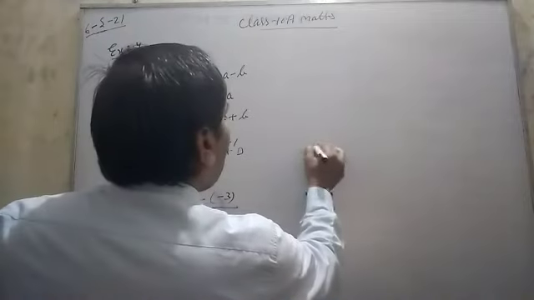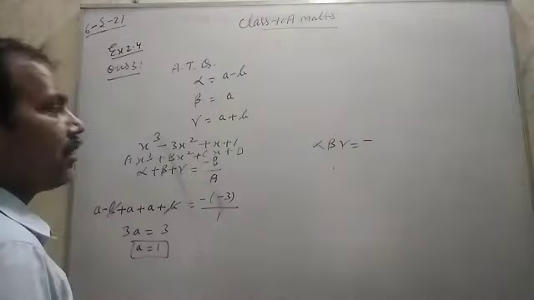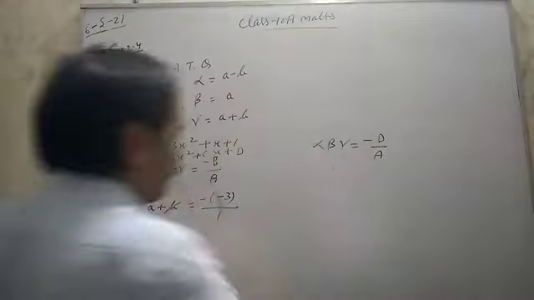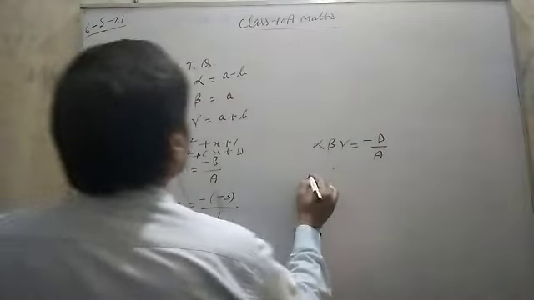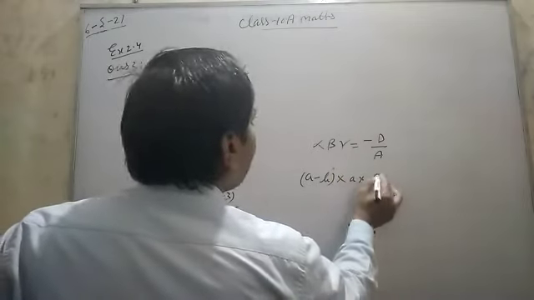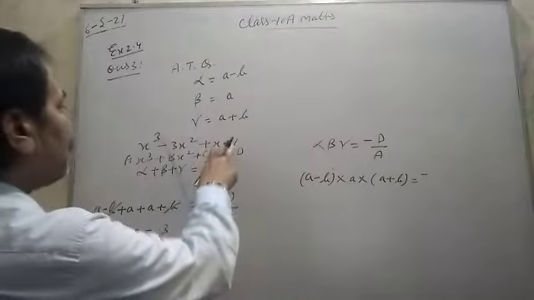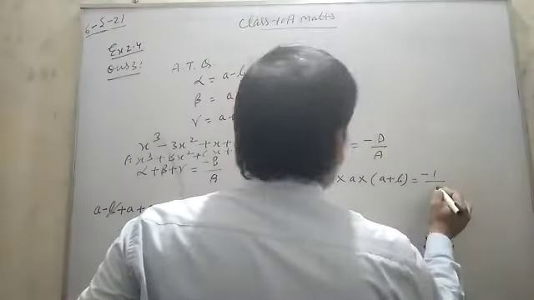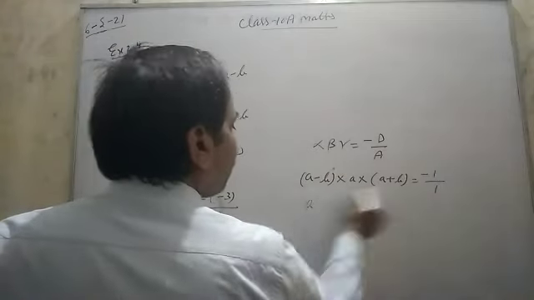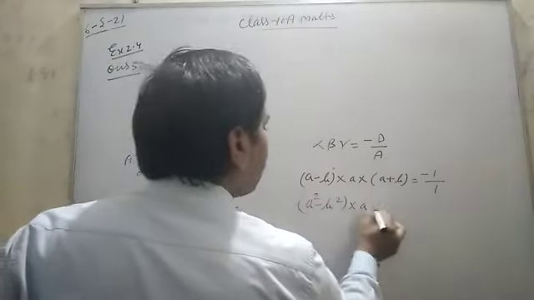Then alpha beta gamma, the product of zeros, is minus D upon A. So alpha, a minus b, beta, a, into gamma, a plus b, is equal to minus D, that is 1, upon A, also 1. Then putting the a value also: first (a minus b)(a plus b) is a square minus b square, into a, is equal to minus 1.